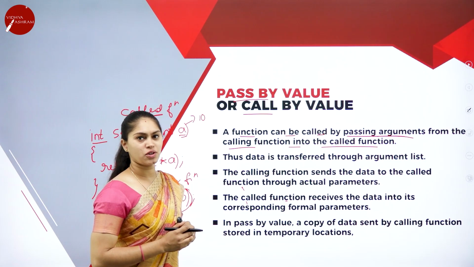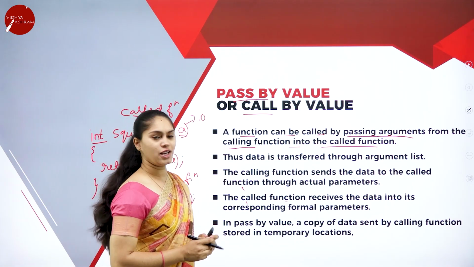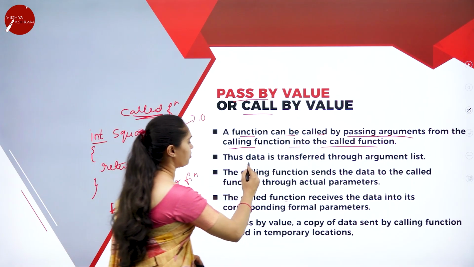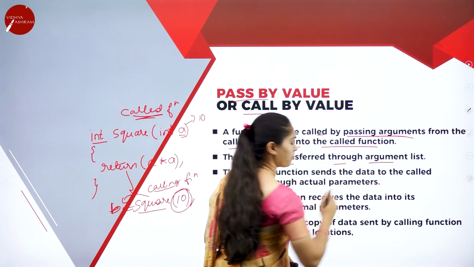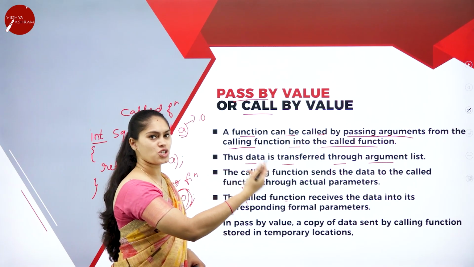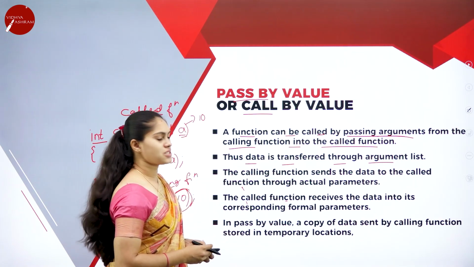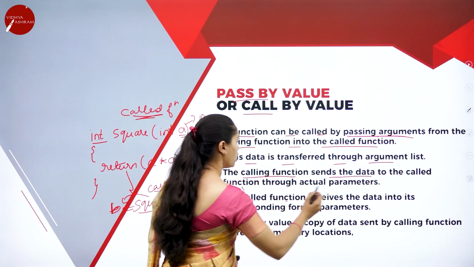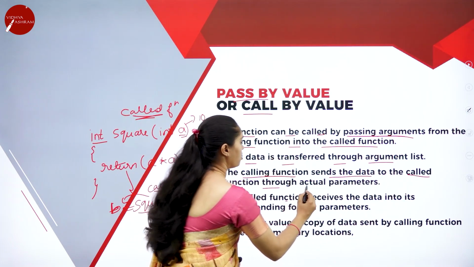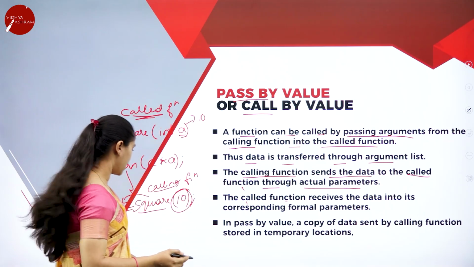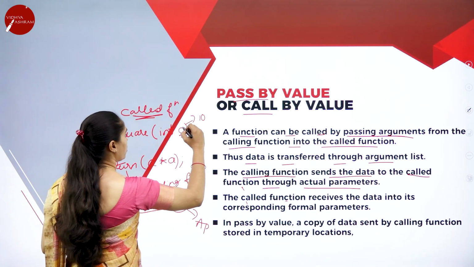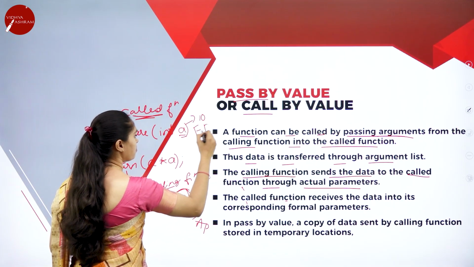That is what we call pass by value or call by value. So now the data is transferred from the argument list, that is, from the calling function to the called function. The calling function sends the data to the called function with the help of the actual parameter. That is what I have stressed here. This is the actual parameter, and whatever we have here is the formal parameter.